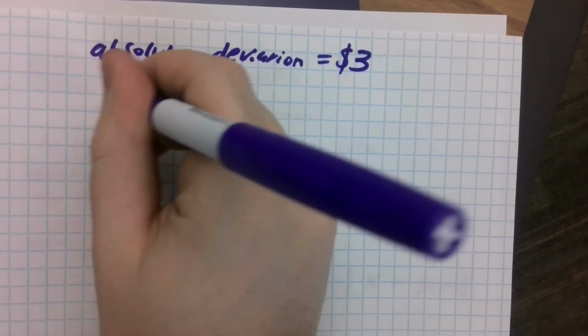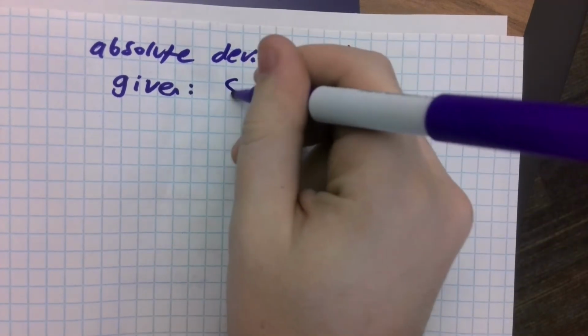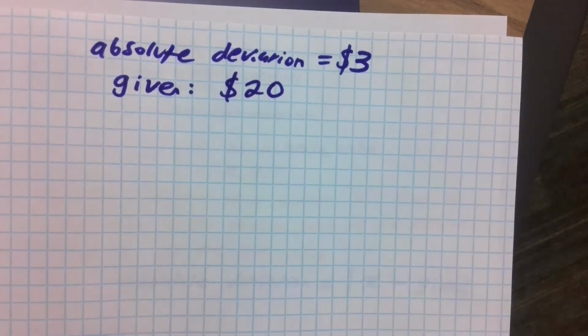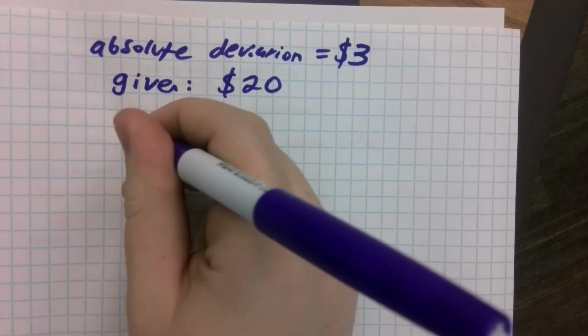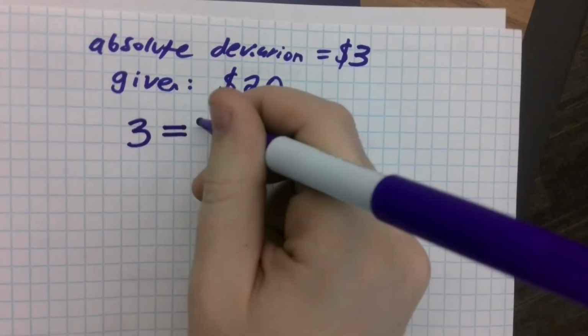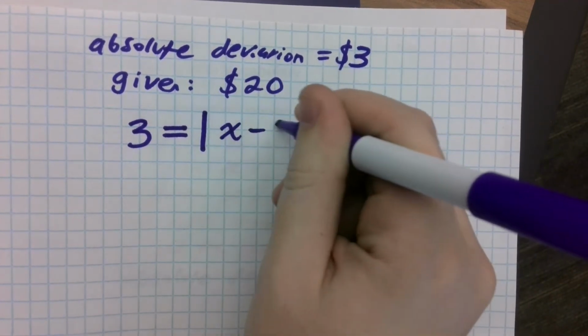Let's say that my parents give me $20. My question is, between what prices would I be able to purchase with this money? Well, our formula says our absolute deviation, which is 3, is equal to the absolute value of x minus our given.